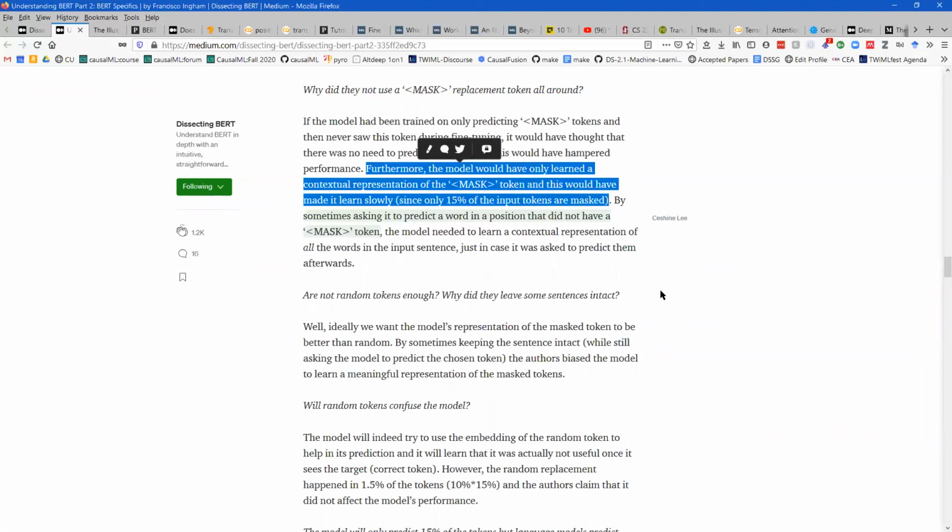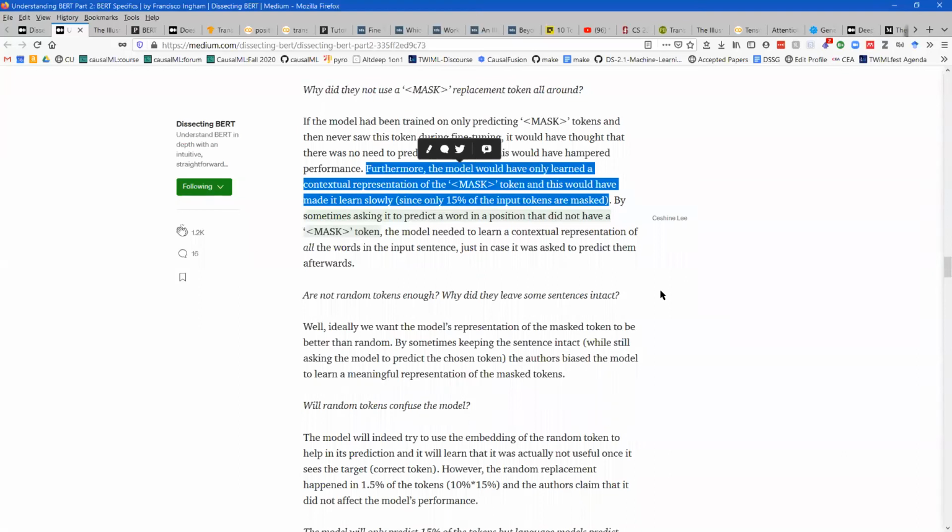While I don't fully agree, it seems to imply that when you don't mask and ask it to predict that word, then it's predicting a word that exists in the sentence, right? Because in those cases, as you saw, the 10% and 10% was it gave a random word or it gave the correct word. Yeah.